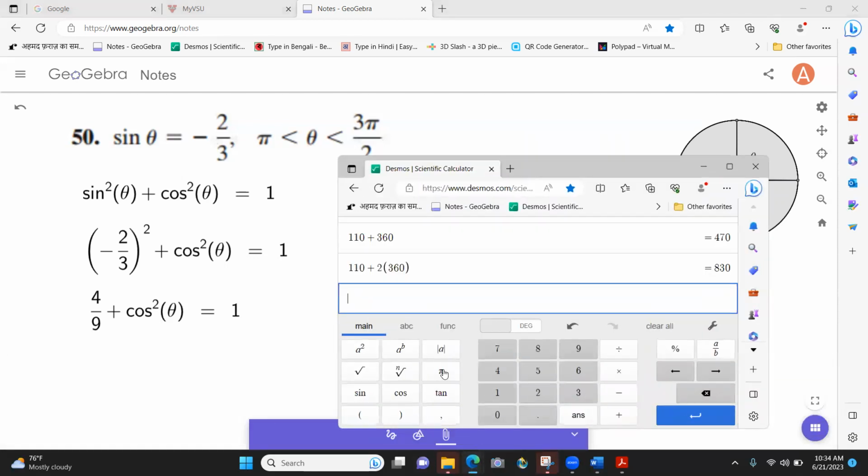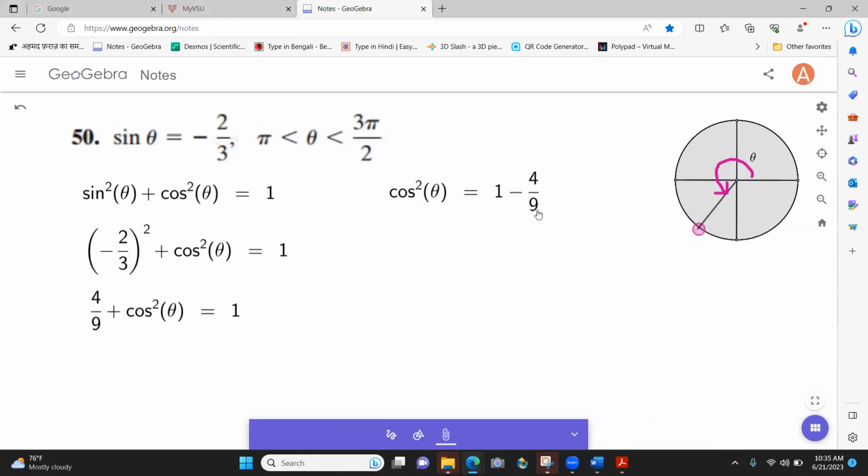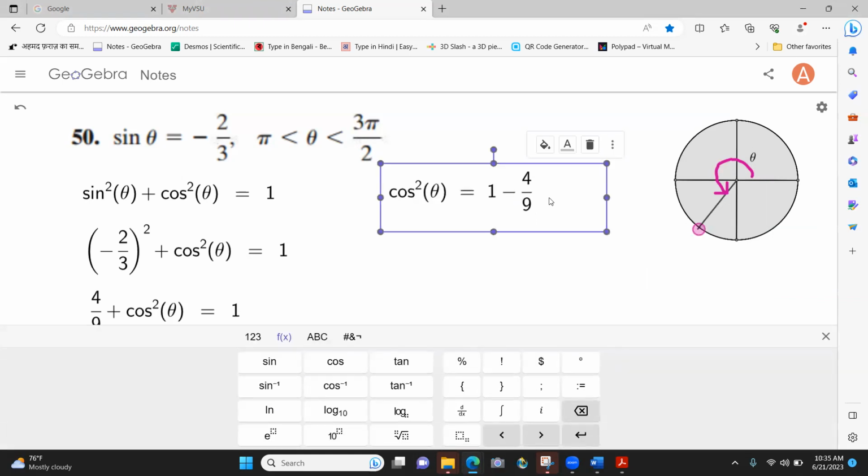Let me see if my Desmos does that, okay? 1 minus 4 nines. No, it doesn't, but that's fine. Oh, it might. Okay, if you click this, it'll do it 5 times. So that's good enough. You can do it the old-fashioned way. 9 instead of 1, you write 9 over 9. 9 minus 4 is 5. So I'm going to just say 5 ninths.